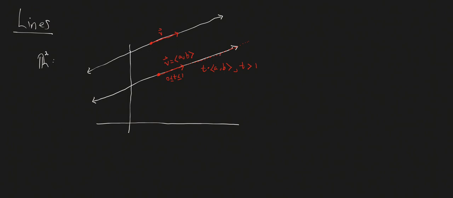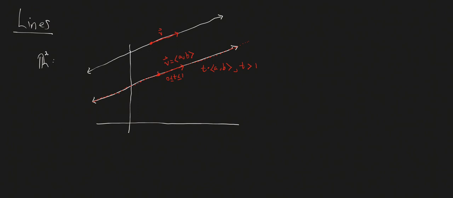And if I wanted to generate the other portion of the line, all I would have to do is take my same vector v and multiply it by any negative scalar.